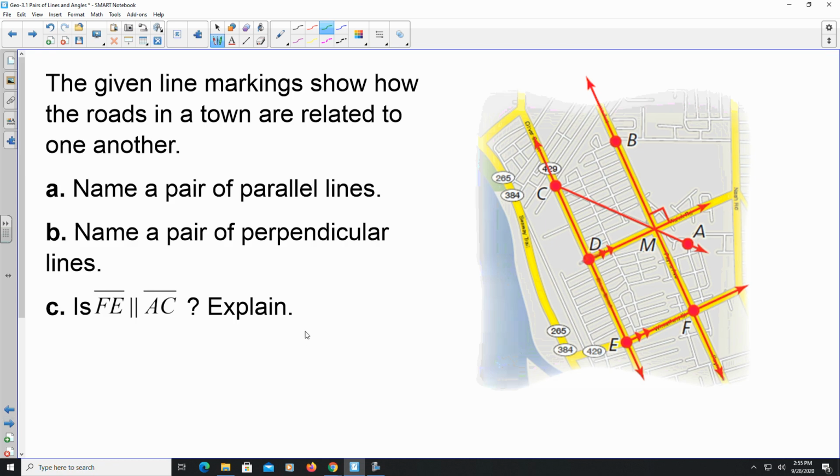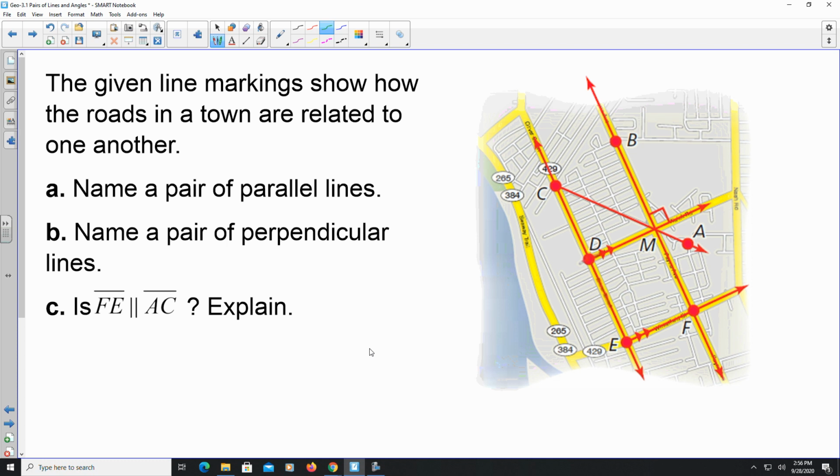So here it says given line markings show how the roads in a town are related to one another. So it's asking you to name a pair of parallel lines. In this particular example, you can only show what is given to us.